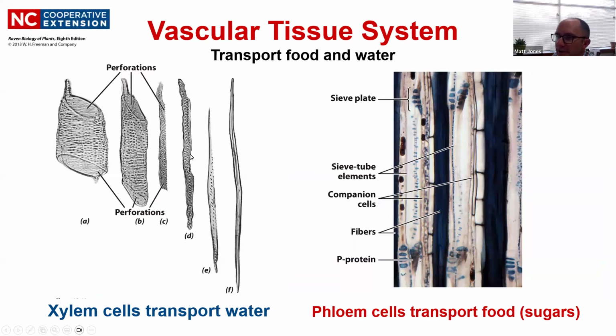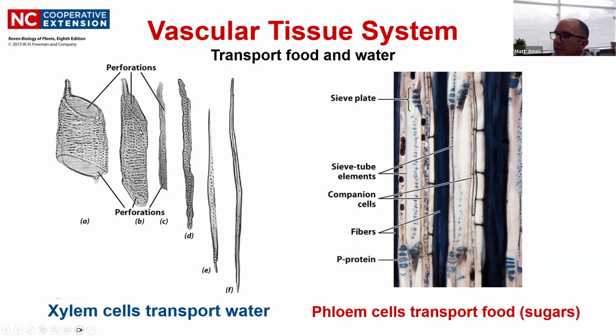The vascular tissue system consists of two main types of cells, xylem cells and phloem cells. Xylem cells are what transport water. The cells themselves are dead at maturity. So the cells will grow, divide, grow, differentiate, and then die.